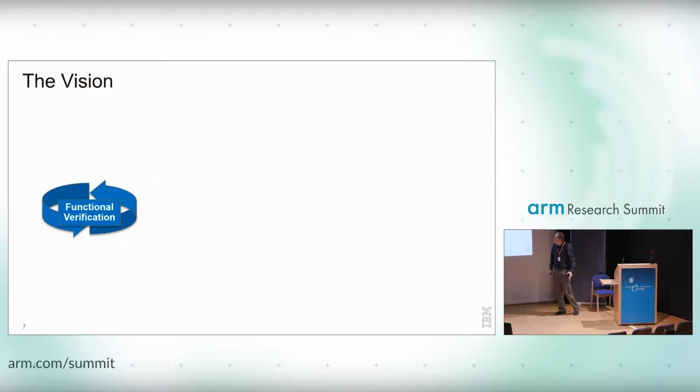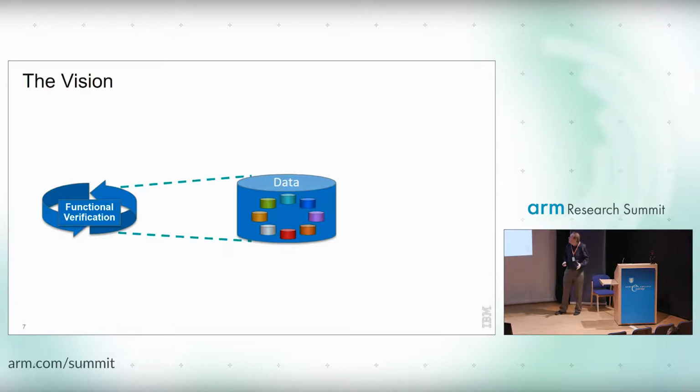So the vision is fairly simple. We have this functional verification process that is running. And as I said, this process has a lot of data, and a lot of data that belongs to a lot of sources.